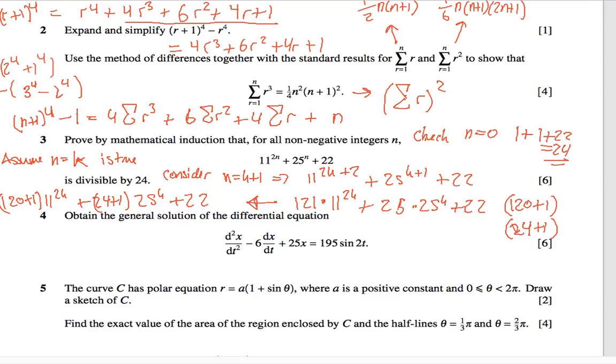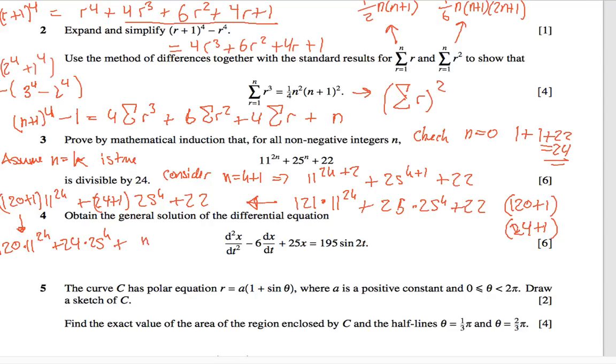Okay, so if we just move down a little bit here, we can see that this is exactly the same as 120 times 11 to the 2k plus 24 times 25 to the k plus, and then the bit that's left over, I'm going to put this in brackets.